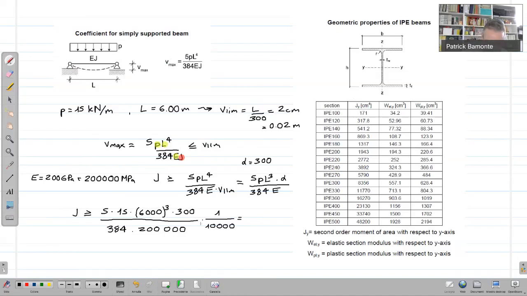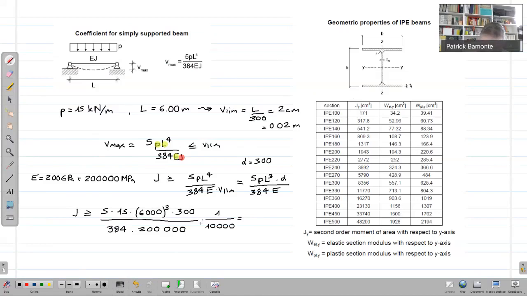Doing the calculation, which I will redo, 5 times 15 multiplied by 6,000 to the power of 3 multiplied by 300 will give you a very high number, but then you can divide it by 384 multiplied by 200,000.